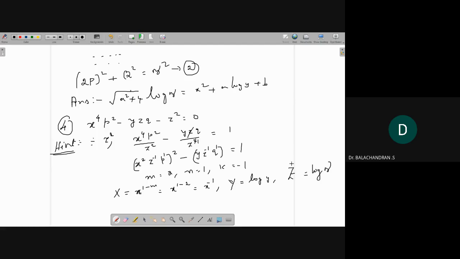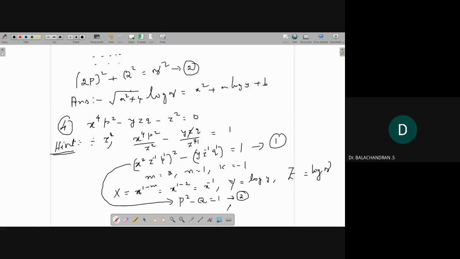Now equation 1 is transformed into a function of p comma q, that is the first type: P square minus q equal to 1. You can verify later.